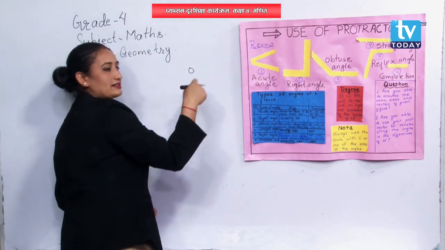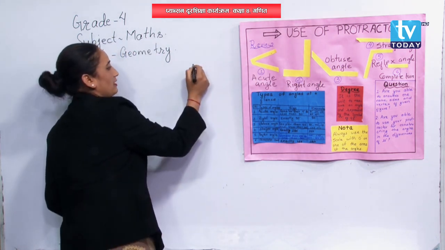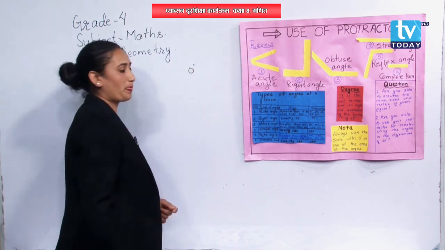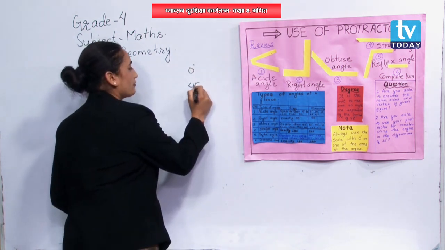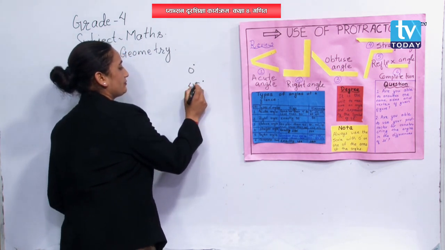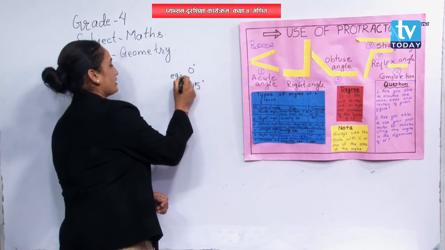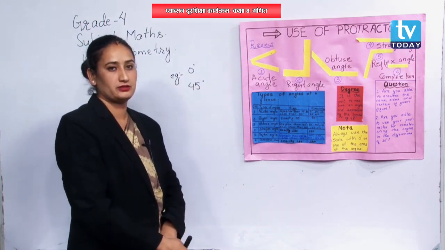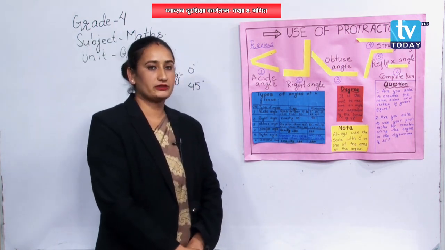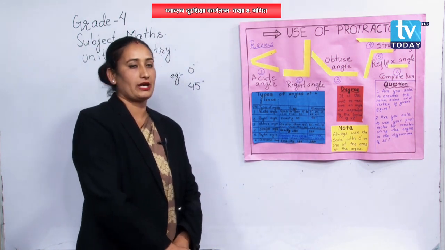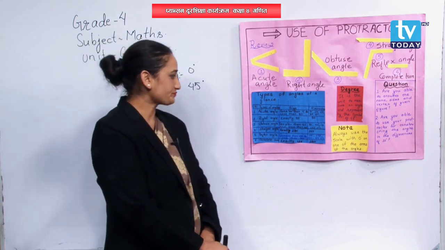See, if you write the angle's name 0, then in the upper part you have to write the degree sign. Or if you write 45, you have to write 45 degree here. These are examples. You can write many more examples by yourself. Okay, I will ask you next time.